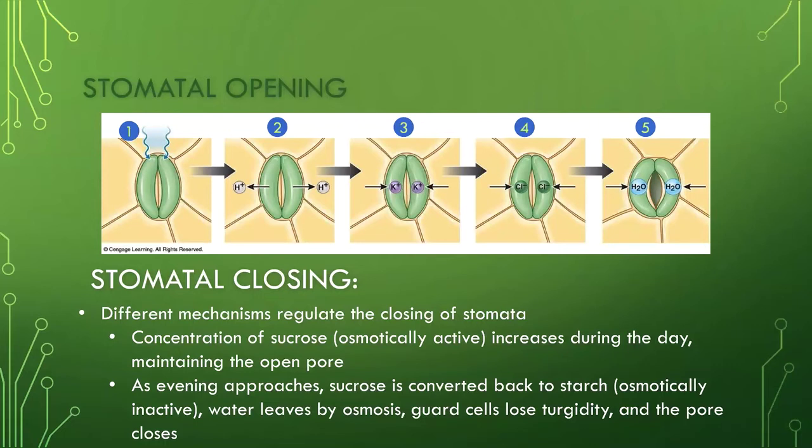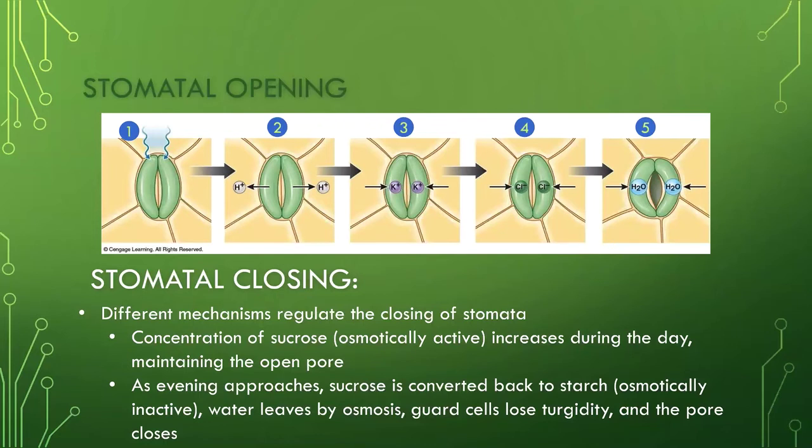So that cell then fills up with water, becomes very plump, and then that causes the guard cells to kind of bend outward. To me, it looks like when you blow up a cylindrical balloon and it kind of curves, like if you're going to make balloon animals out of that. So that just opens up the guard cells, and they curve outward, and that opens up the pore on the inside.